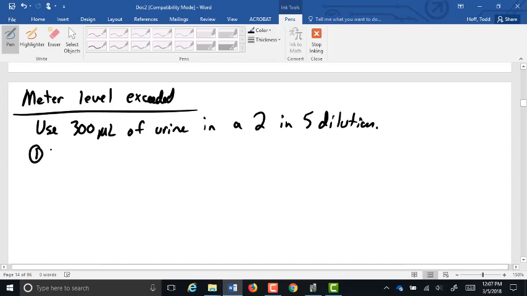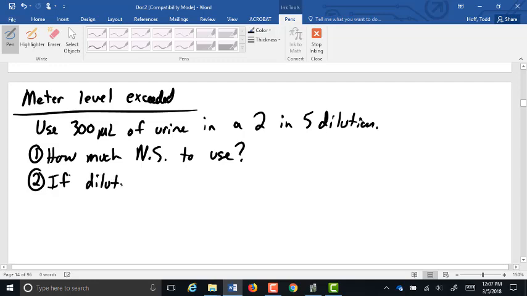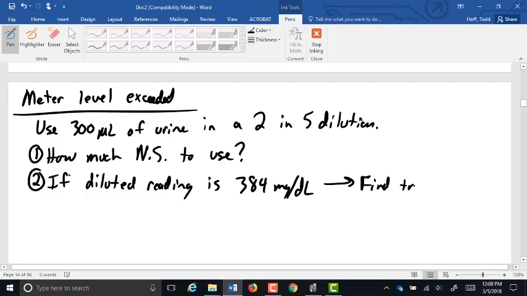First thing we want to find is how much NS would you use in order to create that dilution. And the second thing we're going to find is, if the diluted reading is 384 milligrams per deciliter, find the true reading. So find the actual level in the blood or in the urine.